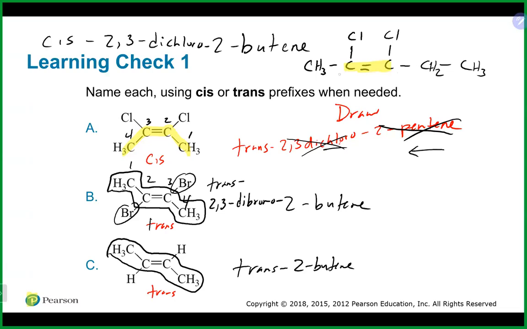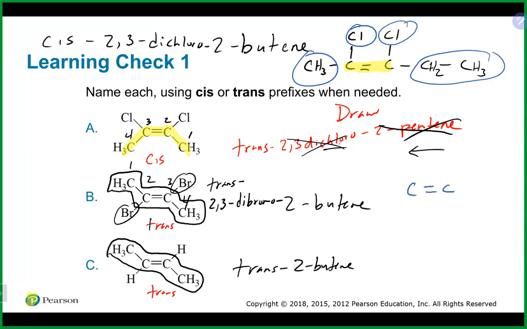So in this case, now that we have our carbon-carbon double bond, we could circle our 4 groups that are attached there, now that we got that extra pesky hydrogen out of the way. And now I could just go back and draw it the way I need it. In this case, the groups that are the same on opposite carbons are the chlorines, right? And that means I would start with my carbon-carbon double bond.